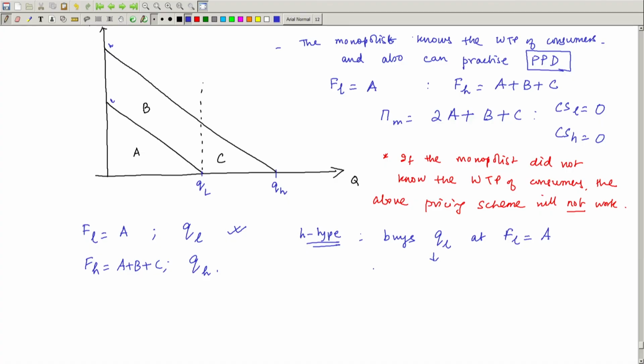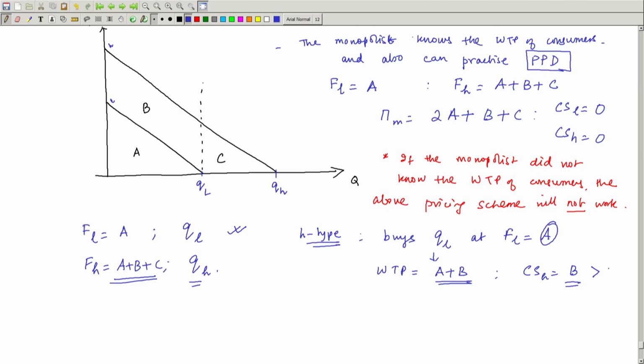The willingness to pay is going to be A plus B, right. Based on the two demand curves, the willingness to pay for the H type consumer for QL units is going to be A plus B. If he pays A rupees, then his consumer surplus would be B. Whereas, if he were to buy QH units at A plus B plus C, his consumer surplus would be 0.